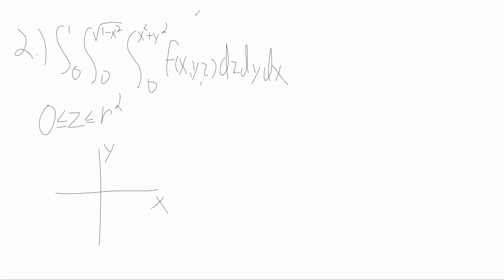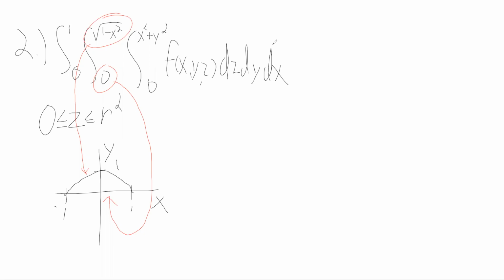Okay, so y goes from 0, y equals 0, which is just the x-axis, up to y equals square root 1 minus x squared, which remember is the top half of the circle of radius 1. So that's y equals square root 1 minus x squared. Y equals 0 is just the x-axis.